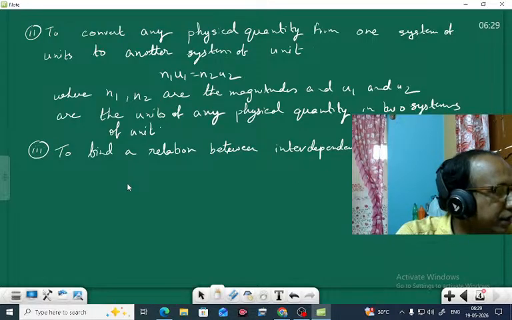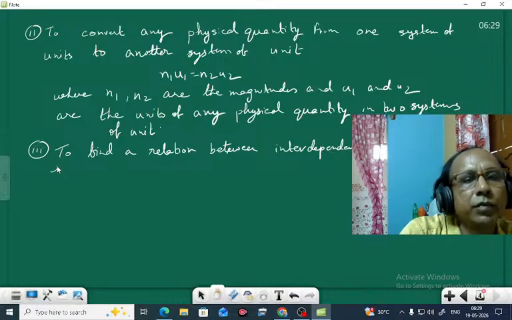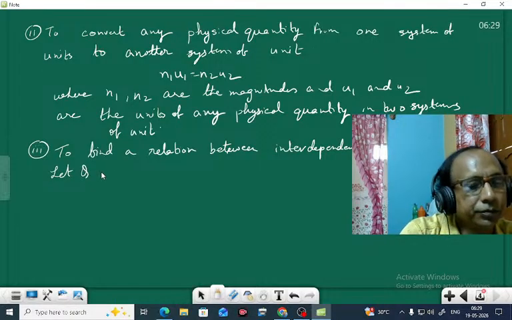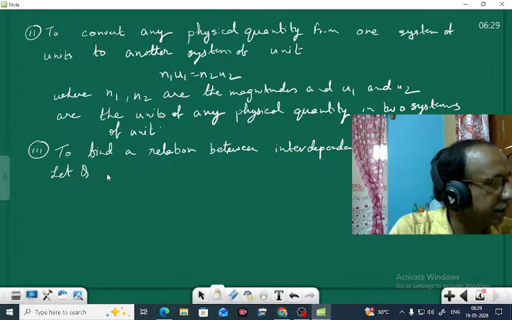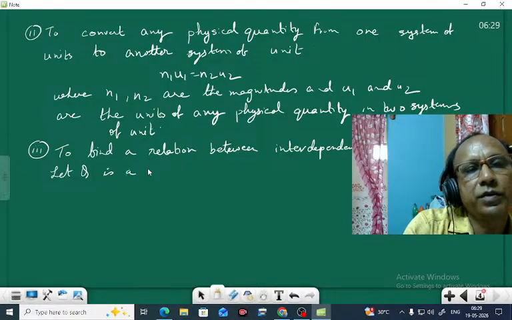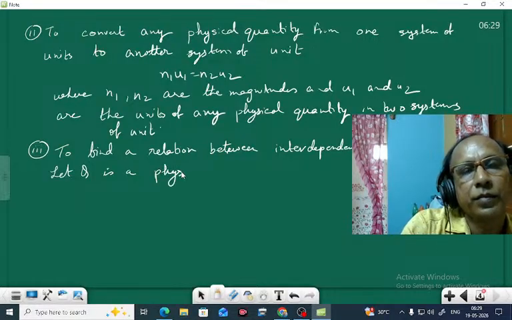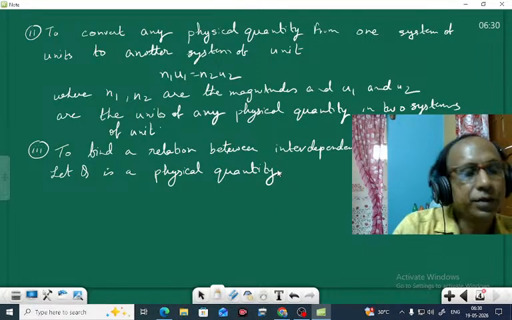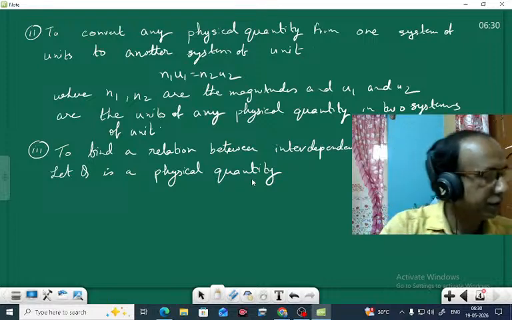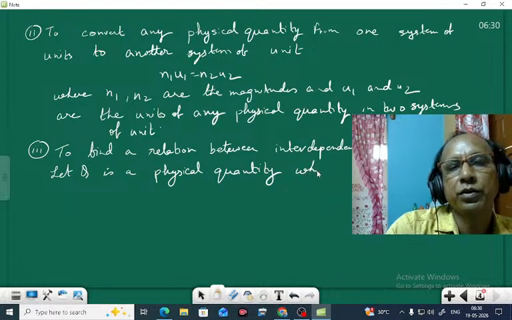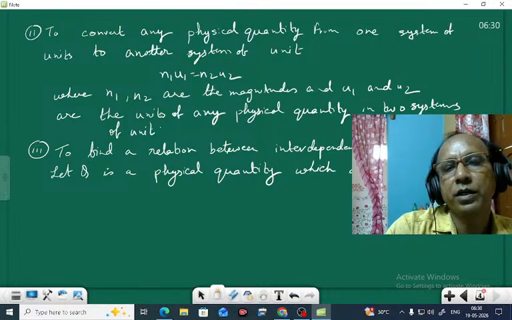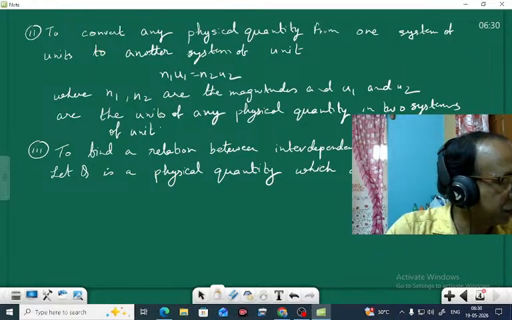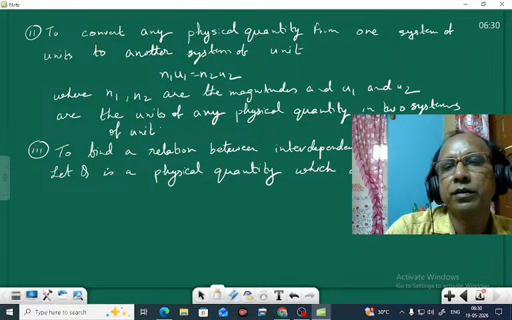And what we'll find here: let capital Q be a physical quantity which depends on x, y and z.